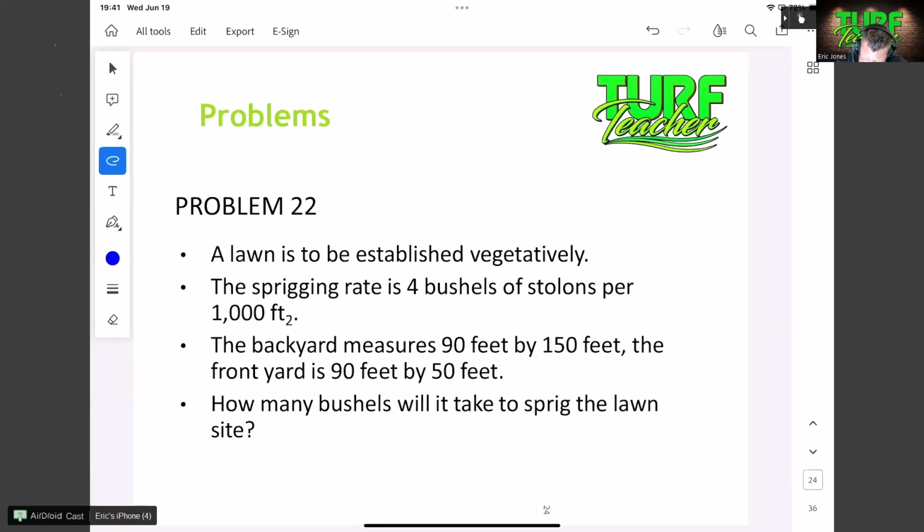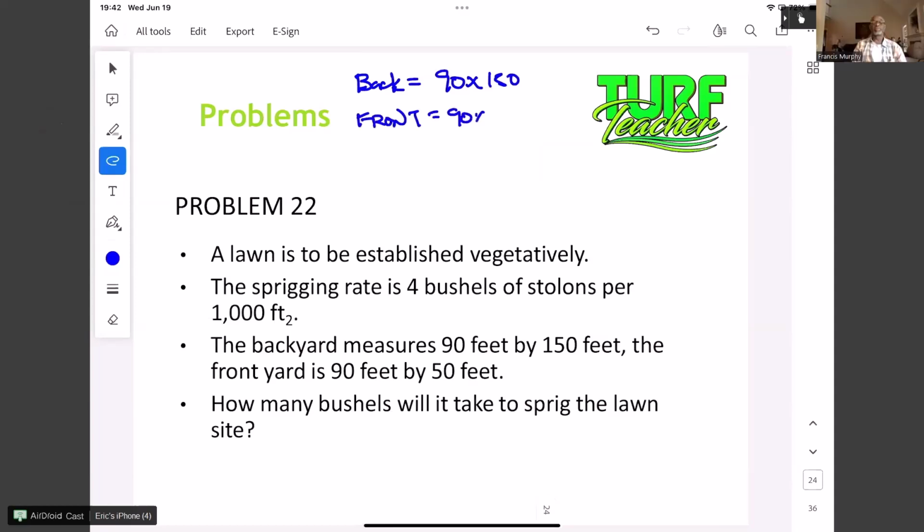So we got front and back. 90 times 150, and the front, 90 times 50. Do the math on those. We have 13,500. Here we have 4,500. You add those up, you've got 18,000 square feet.